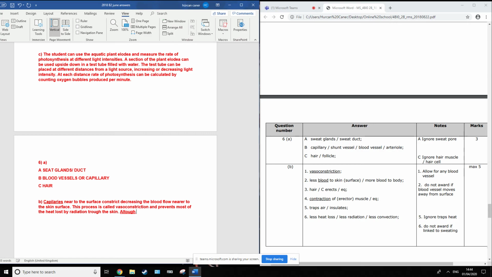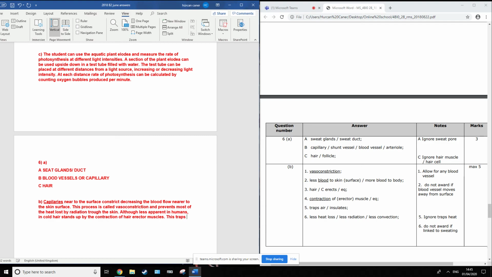Although less apparent in humans, in cold, hair stands up by the contraction of hair erector muscles.